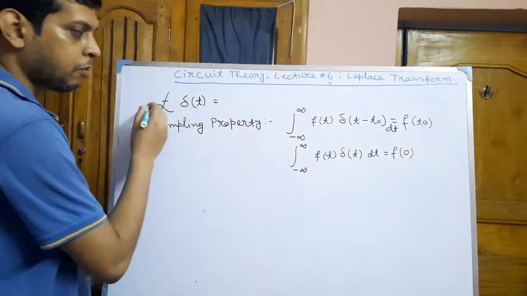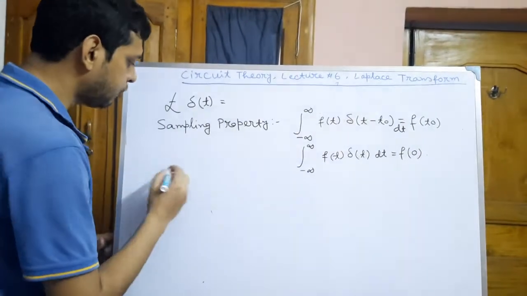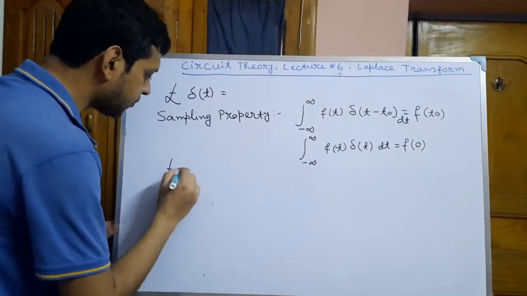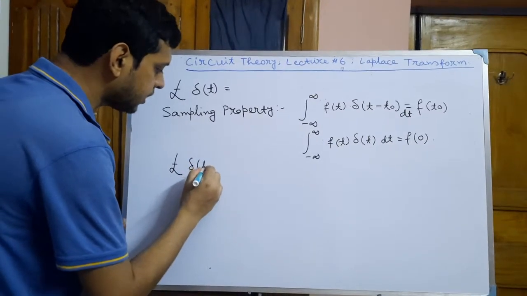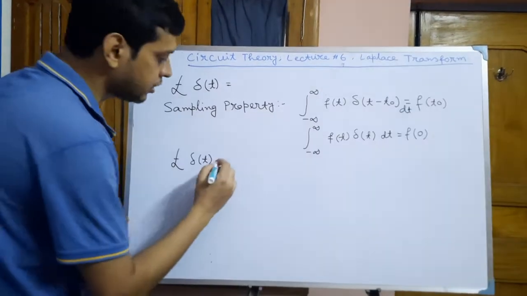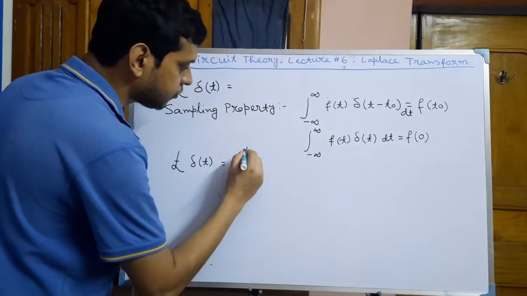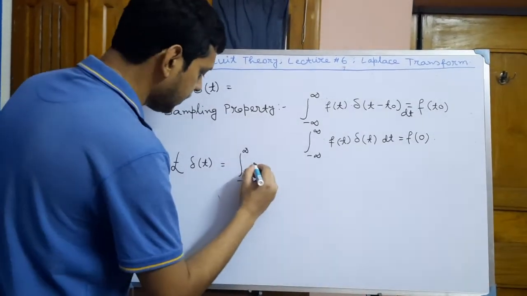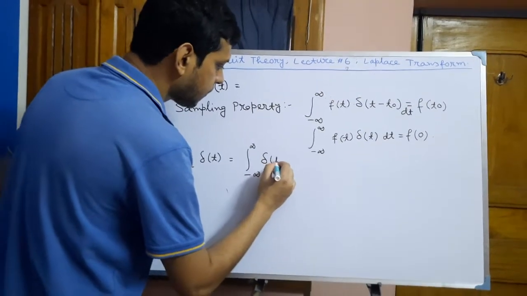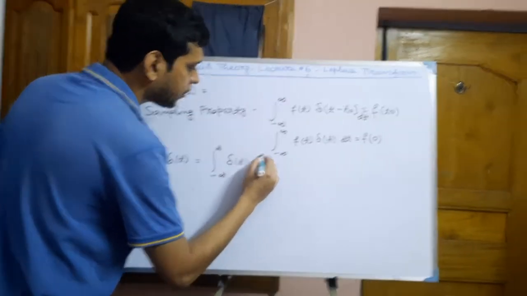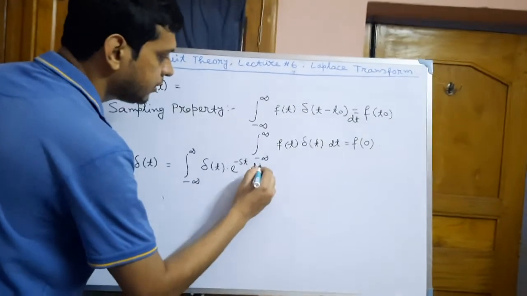Now, from the definition of Laplace transform, we know that the Laplace transform of delta t, or u0(t), equals what? The integral from minus infinity to infinity of delta(t) e to the power minus st dt.